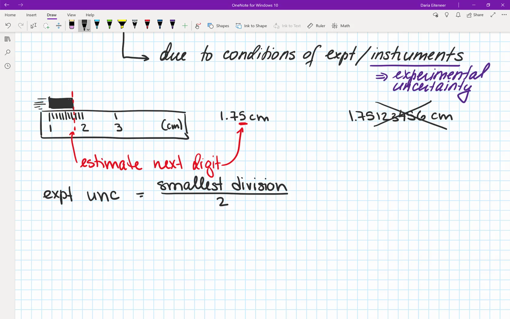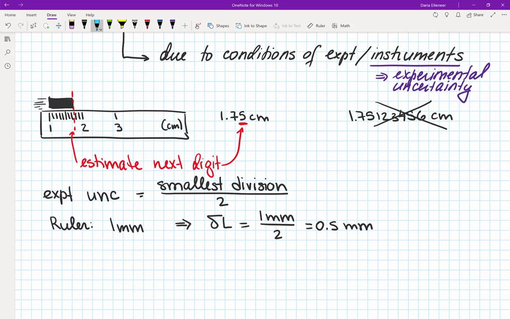This is an analog instrument. So I'm going to say that the smallest division on this ruler is 1 millimeter, right? So the experimental uncertainty, that I'm going to call delta x, or delta length, is going to be 1 millimeter divided by 2, so half a millimeter.